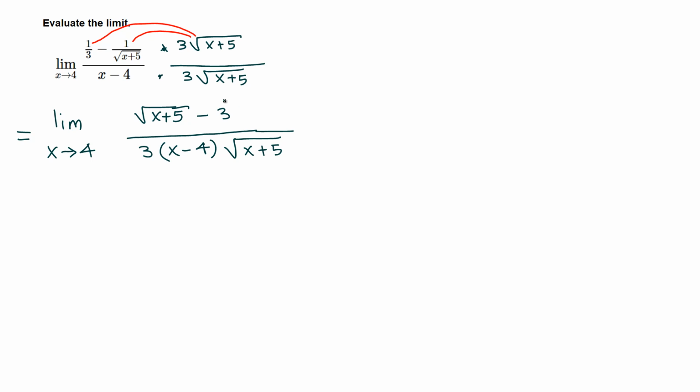So here is the issue. For this, we need to multiply by its conjugate so that the square root is gone. We multiply by the conjugate of the top, because there is an issue. The conjugate means root x plus 5 plus 3: we simply change the sign, negative to positive 3, and do the same thing on the bottom, root x plus 5 plus 3.